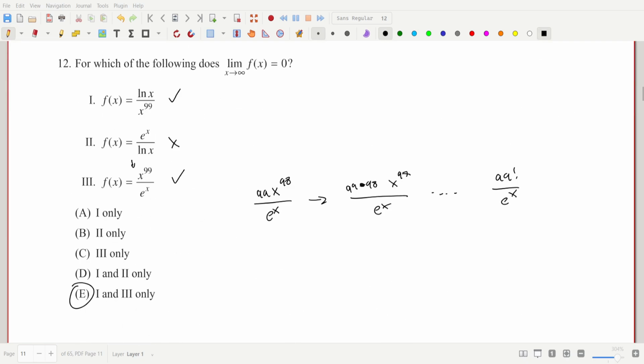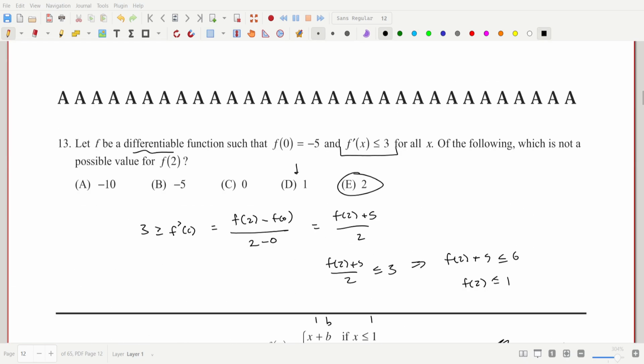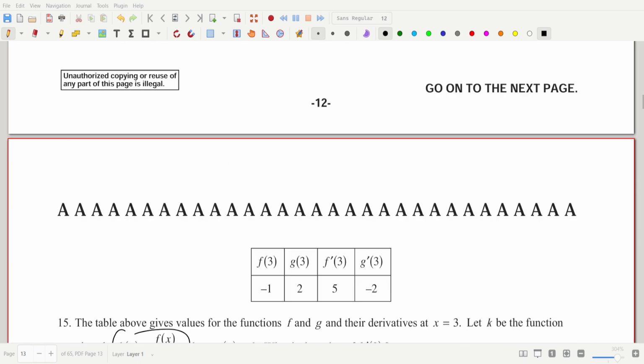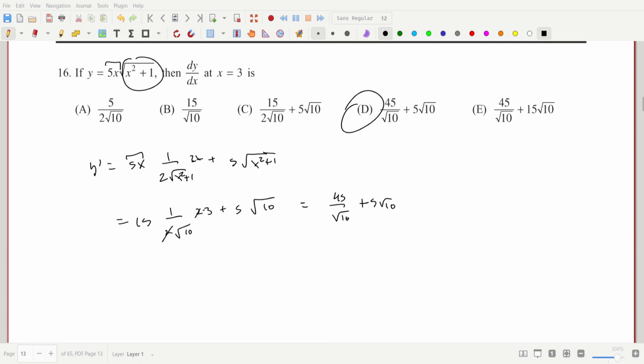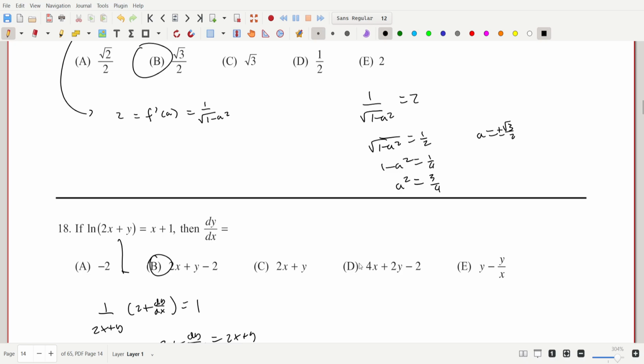D, E, E, A, C, and then D. Oops, where'd it go?